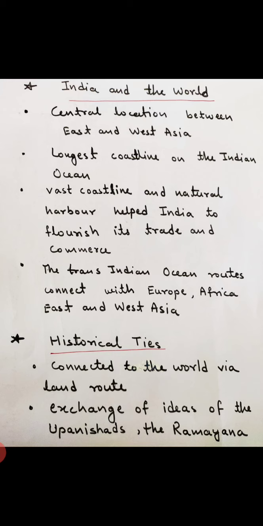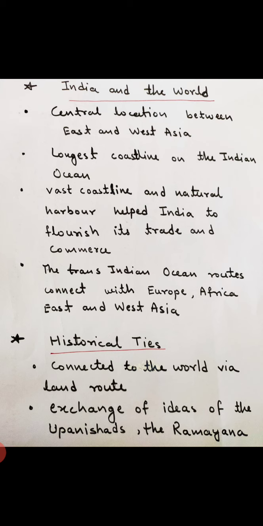It has the longest coastline on the Indian Ocean, and this vast coastline helped India flourish in trade and commerce. Also, the trans-Indian Ocean routes connect it with Europe, Africa, and East and West Asia.